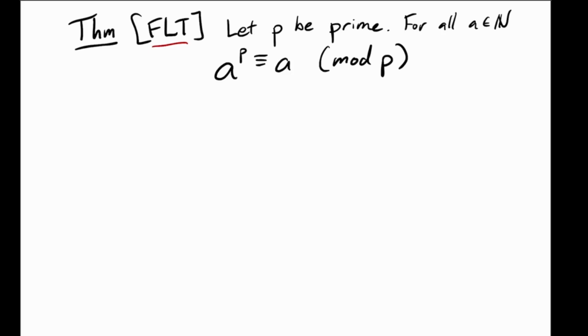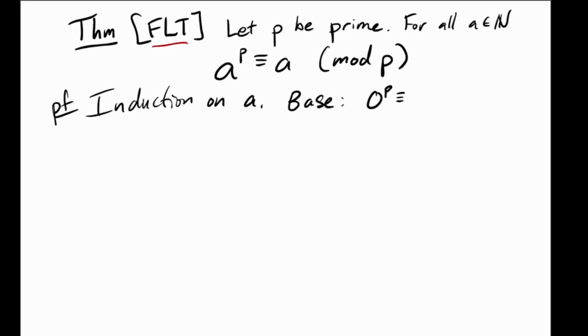All right, so I can give you a simple proof of this. As you see, it's a universal statement about all natural numbers, so induction is a natural place to start. So the proof will be induction on a. The base case is just checking a equals 0, and 0 to the p is congruent to 0, because it's equal to 0 mod p.